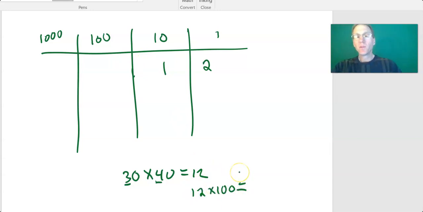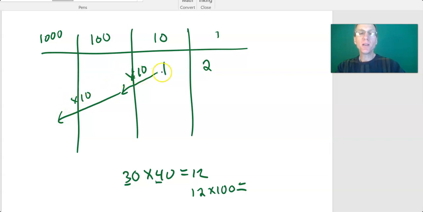Which is the same as, and 100 is 10 times 10. So really I'm saying times 10, and I get to do another shift times 10 again. You don't have to write the times 10. I'm just showing you. You're just shifting over 2 place values. So that 1 goes from the tens place value times 10 to the hundreds place value and to the thousands. This one also has 2 shifts.